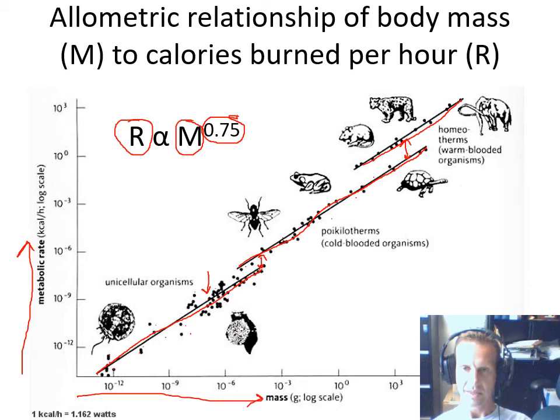So a giant tortoise might weigh about the same as a panther, but the giant tortoise burns a lot less calories per hour than the panther does because of its cold-blooded lifestyle. So it's not just the body size that comes into play in this allometric relationship, but also the type of metabolism is important to know.